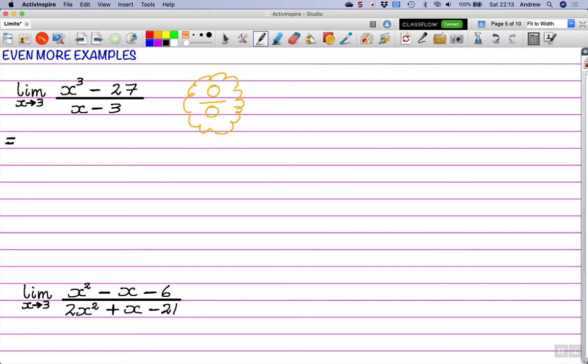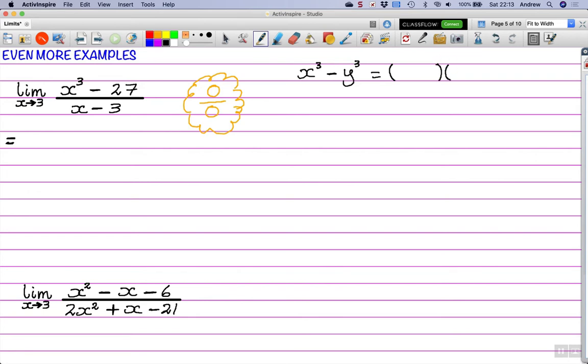Now the top on the left-hand side, I hope you spot that, is the difference between two cubes. So I'm just going to remind you what the difference between two cubes actually is. There is a formula, and back in September we did this.